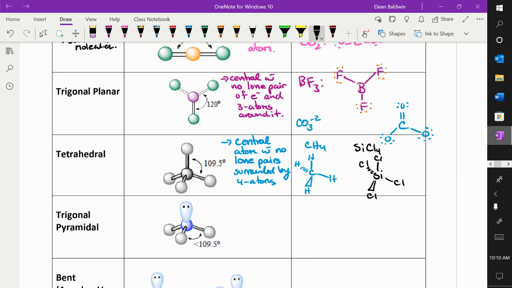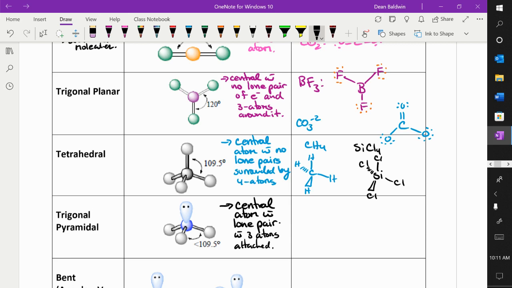So, a central atom with a lone pair, surrounded with 3 atoms around it attached.